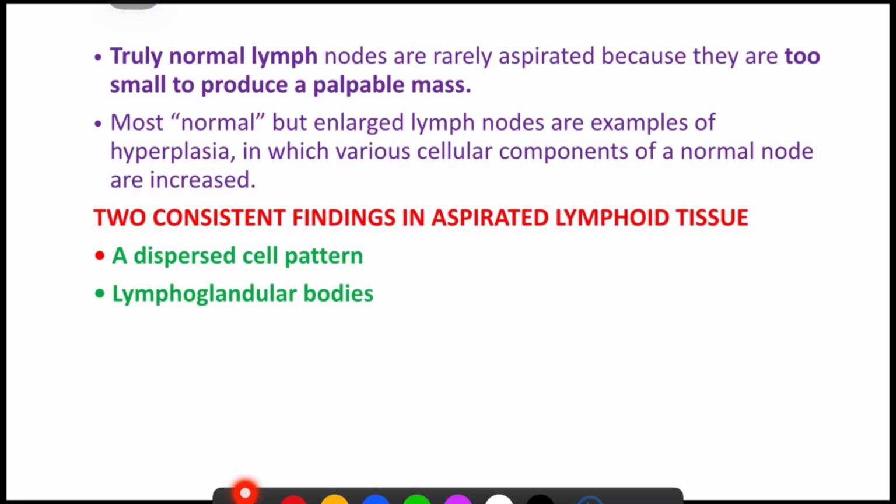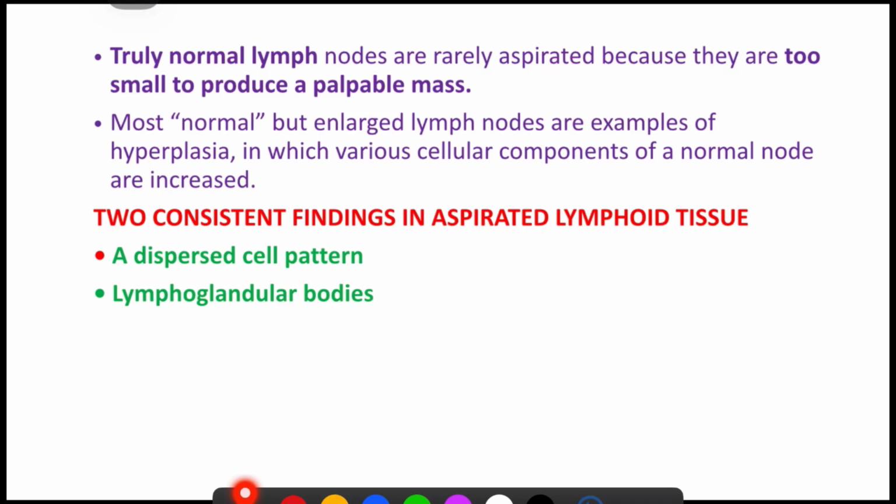Now, when we aspirate a lymph node, these lymph nodes are truly not normal lymph nodes, because normal lymph nodes are very small and we cannot palpate them. So, they are reactive lymph nodes that we are able to palpate, and we can aspirate from that palpable mass.